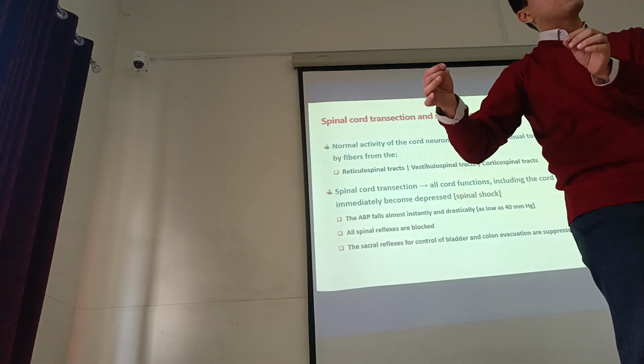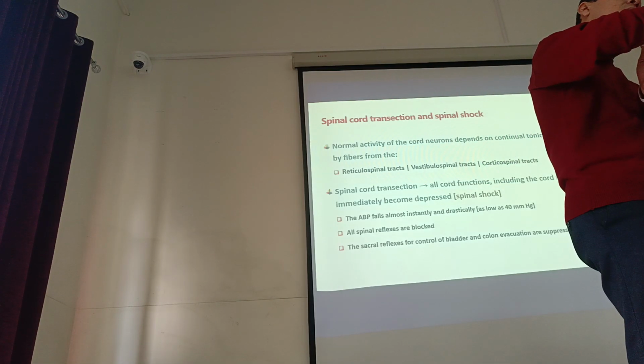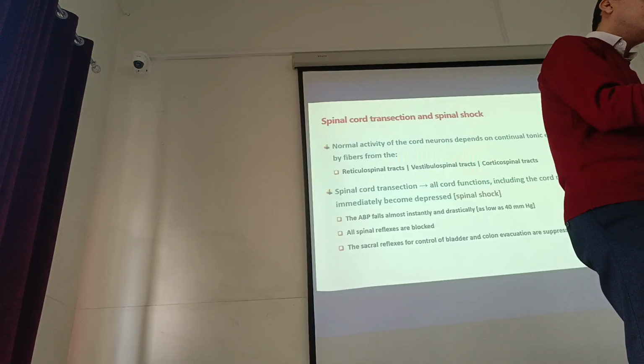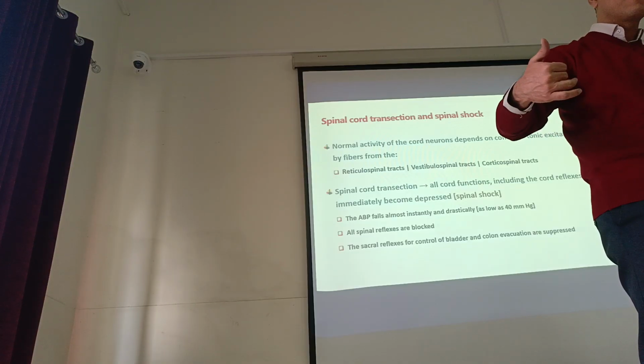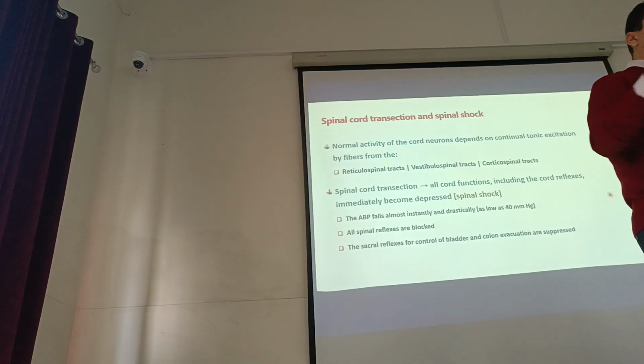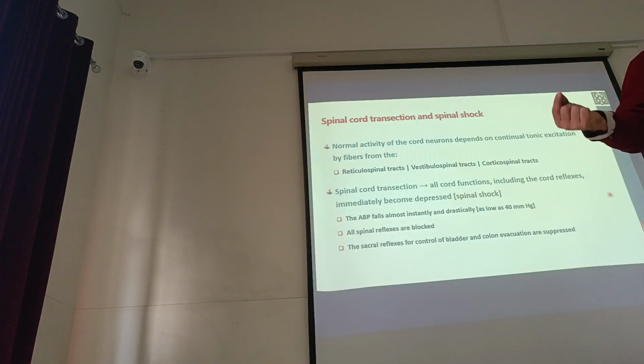Now, we may have a stretch in the muscle, and signals come to the spinal cord, but the neurons are already insensitive and unresponsive to the signal. So we won't have a reflex, right? Or maybe we have a painful stimulation to the body, signals are made through the receptors and come to the spinal cord, but when they reach the neurons, these neurons have already lost their sensitivity to these signals. Why? Because we have an injury upward, right?